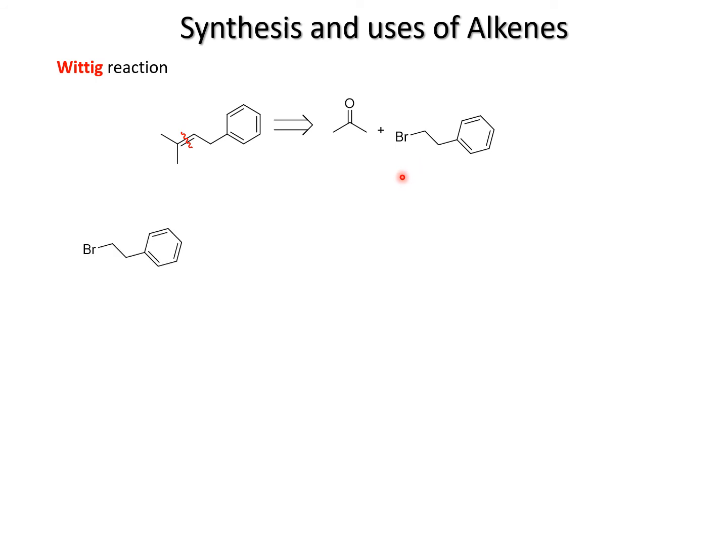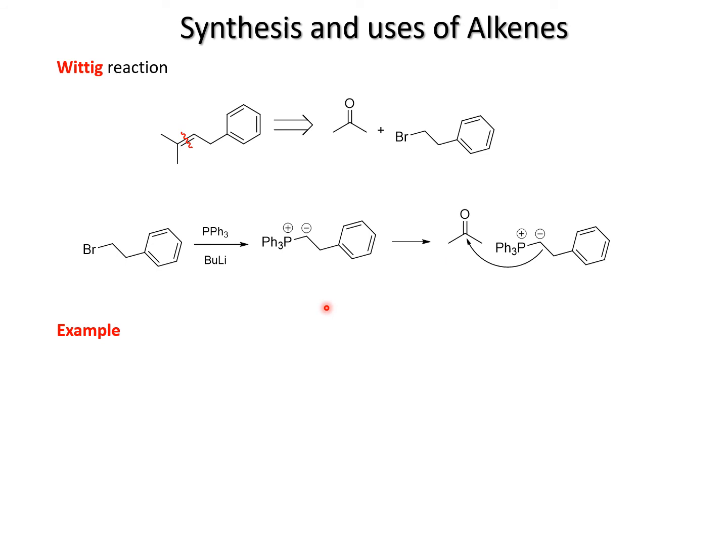From the synthesis point of view, just remember that the bromoalkane must be put in the presence of triphenylphosphine and base. The base needs to remove one of these protons, creating this negative charge. And by addition of this phosphorus ylide that we just created and any carbonyl compound, in this case acetone, we can form our double bonds.